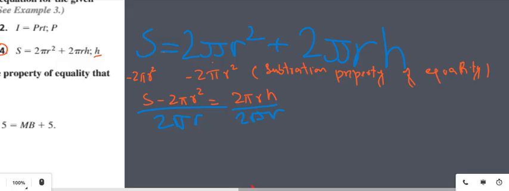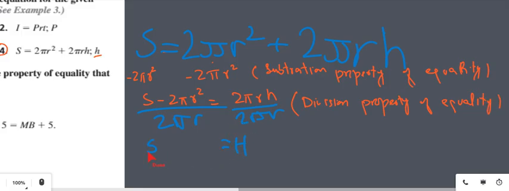You have to write the division property of equality. Yes, let me write it: division property of equality.